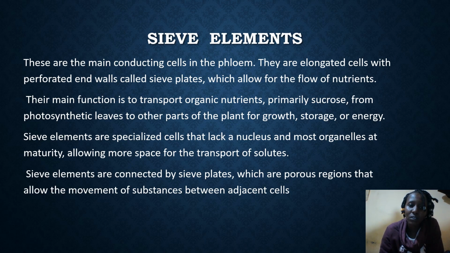The main function is to transport organic nutrients, primarily sucrose, from photosynthetic leaves to other parts of the plant for growth, storage, or energy. Sieve tube elements are specialized cells that lack a nucleus and most organelles at maturity, allowing more space for the transport of solutes.